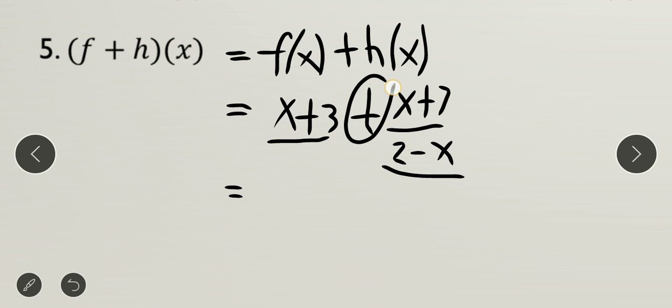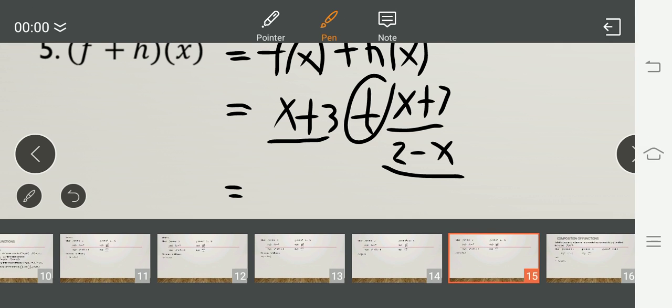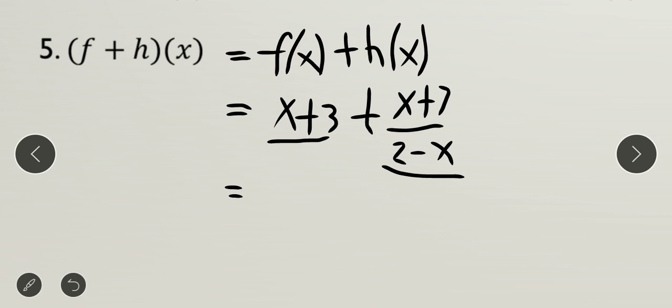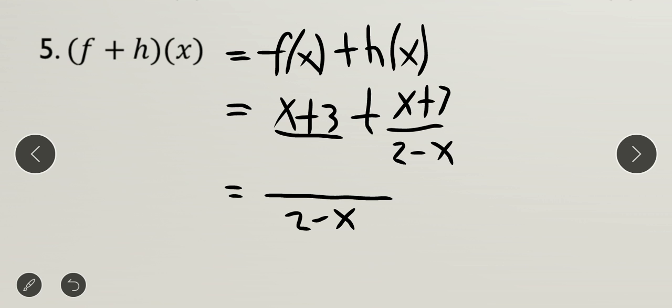separated by addition operation. Now we are going to combine the two into a single expression. How to do that? By using the LCD. What would be our LCD? 2 minus x, the denominator. We know that x plus 3, the first term, has a denominator of 1. Now if you will try to divide 2 minus x with 1, the result will still be 2 minus x times the numerator.